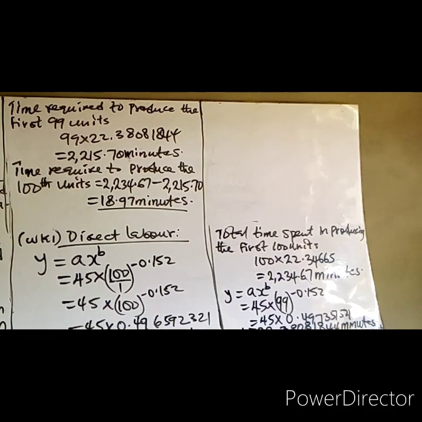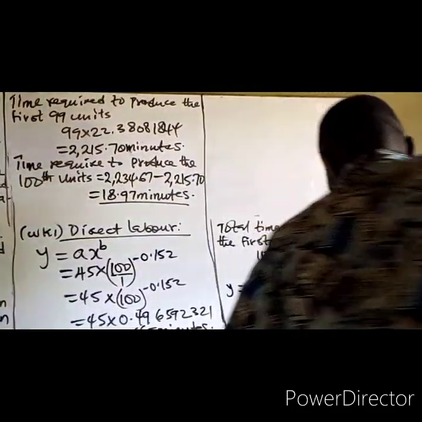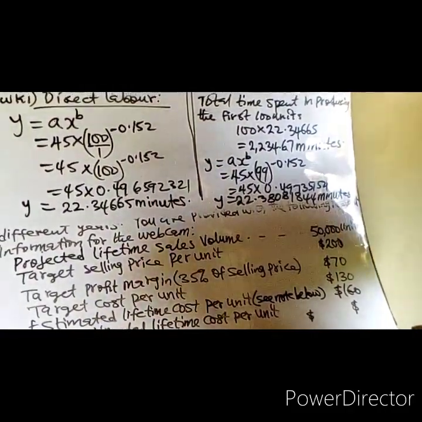After that, you now want to calculate the total time required for a total of 50,000 units.